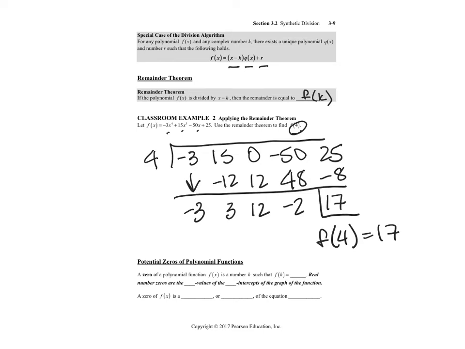Okay, so potential zeros. A zero of a polynomial function f of x is a number k such that f of k equals 0. Real number zeros are the x values and x-intercepts of the graph of the function.